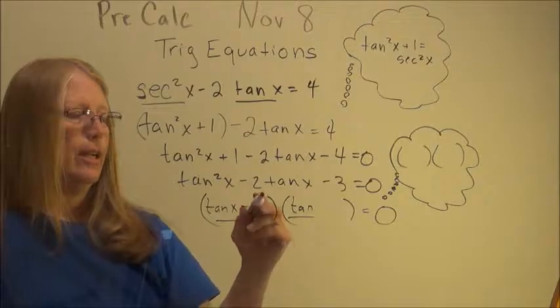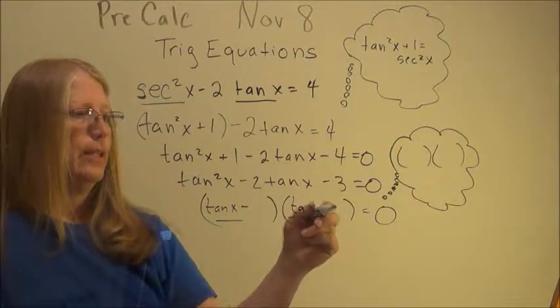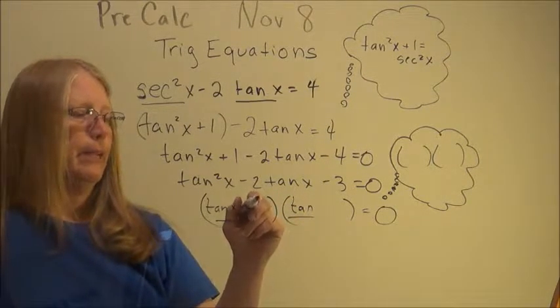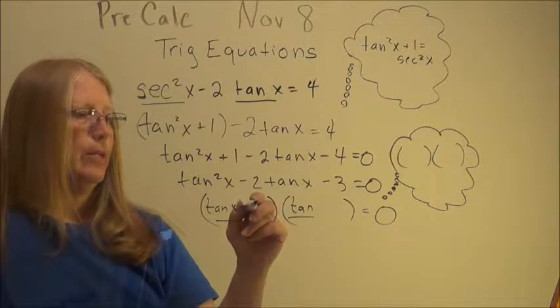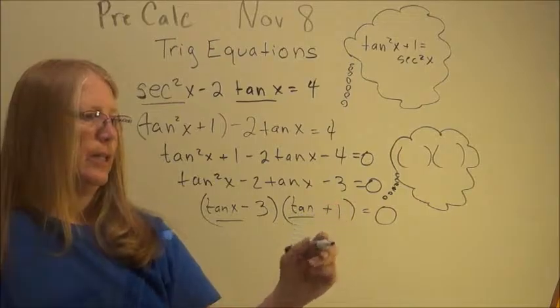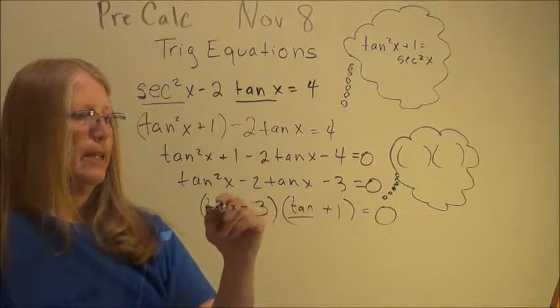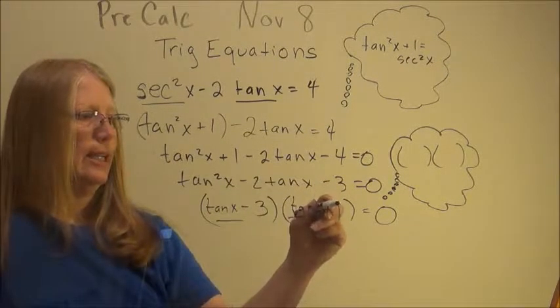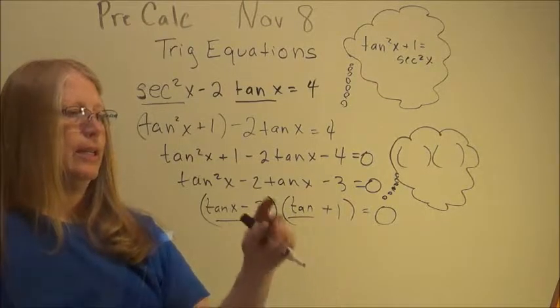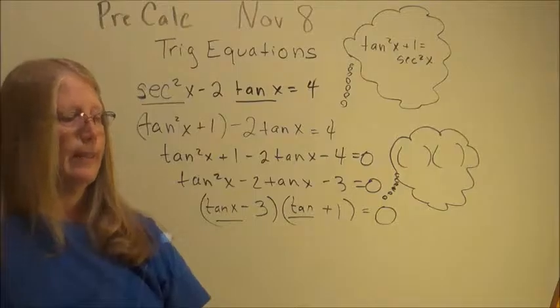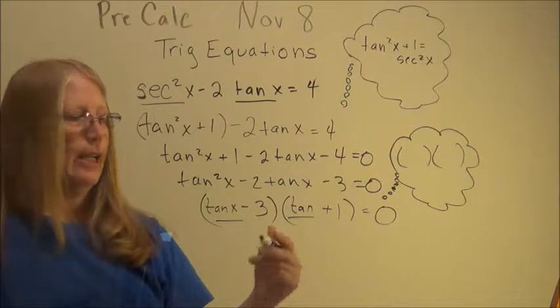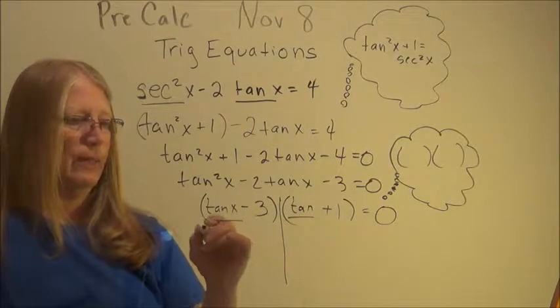So we can put in a minus 3 and a 1, or a plus 3 and a minus 1. I'm going to use a minus 3 and a plus 1, and I check the inner product, it gives me minus 3 tan, and the outer product gives me plus 1 tan, and that adds to give me minus 2, so it's totally factored. All right, so let's go ahead and take each branch.